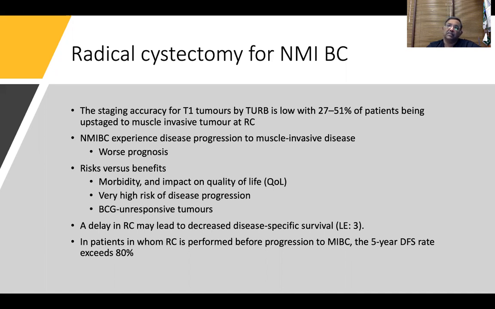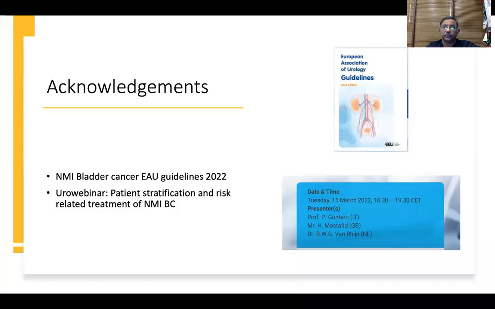Although there are some risks of cystectomy, which include poor quality of life, again, a delay in radical cystectomy can give you a much worse overall prognosis than for de novo T2 cancers.